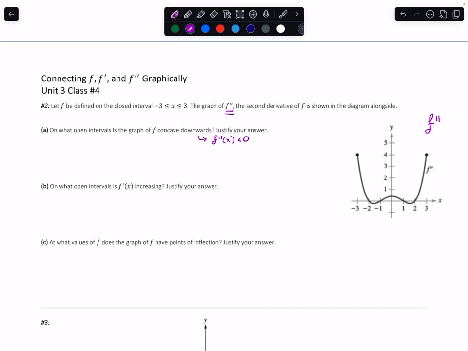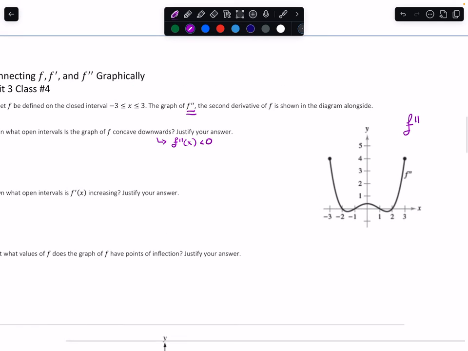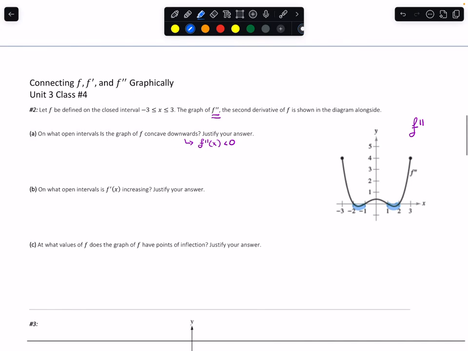I don't need to go back and say, oh, it's where f prime is decreasing. There is no f prime here. It's f double prime. So when would this function be negative if I'm looking at its graph? It would be negative when it's below the x-axis, which is just these 2 points. And this one is going to feel more like the reasons we're used to giving for concavity.